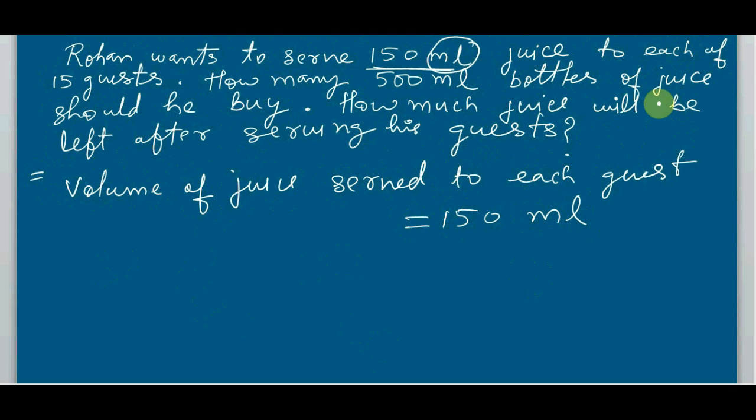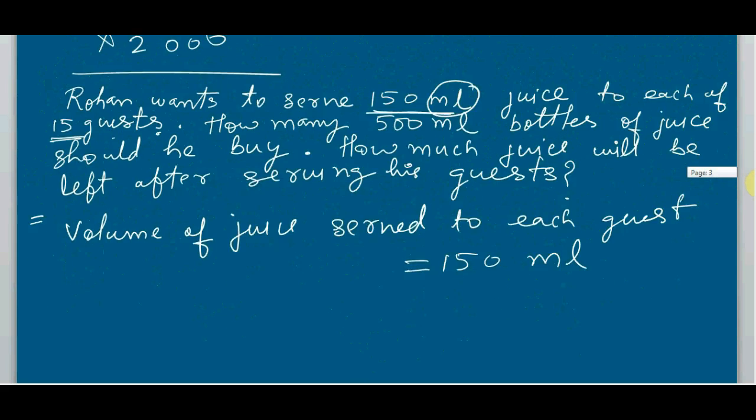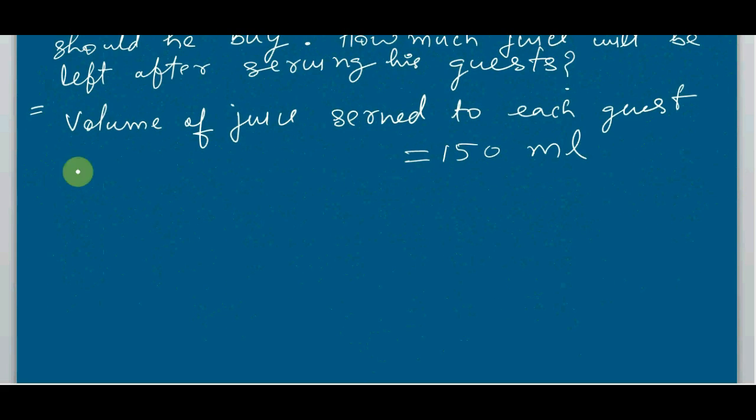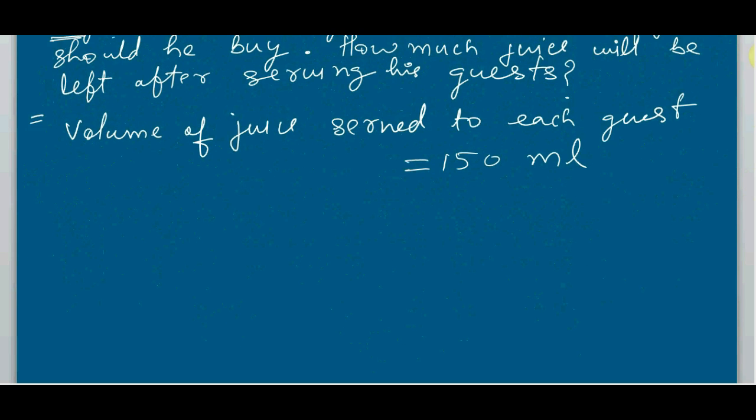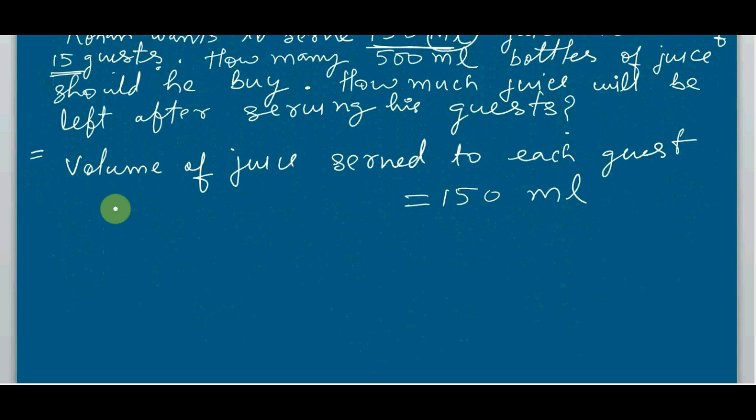And juice for each of 15 guests. Here the second number is 15 guests and it is a countable quantity, right? So for 15 guests I will write numbers, because guests are countable.